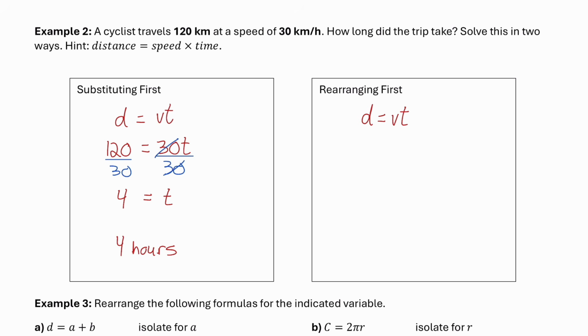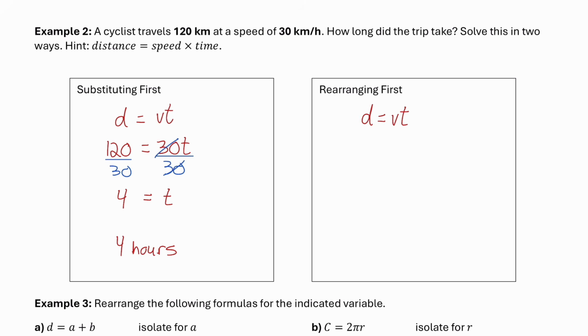But instead of substituting in the known values right away and then rearranging to isolate our unknown variable, we could have rearranged for the unknown variable first and then substituted in. So I could look at this formula, and before subbing in, I know my unknown is time, so I could rearrange the formula to isolate t right away. So I need to move this v to the other side of the equation using inverse operations.